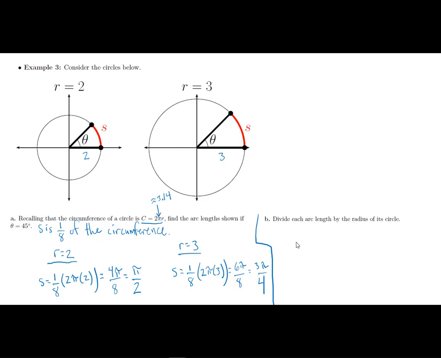But now part B wants me to divide each arc length by the radius of its circle. In other words, let's compute S divided by r.